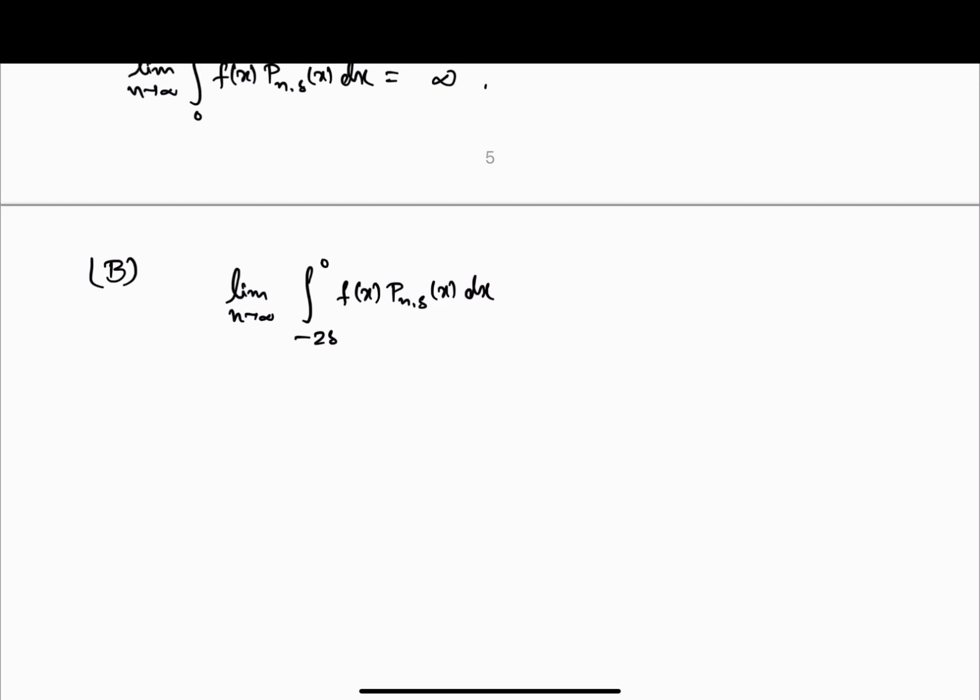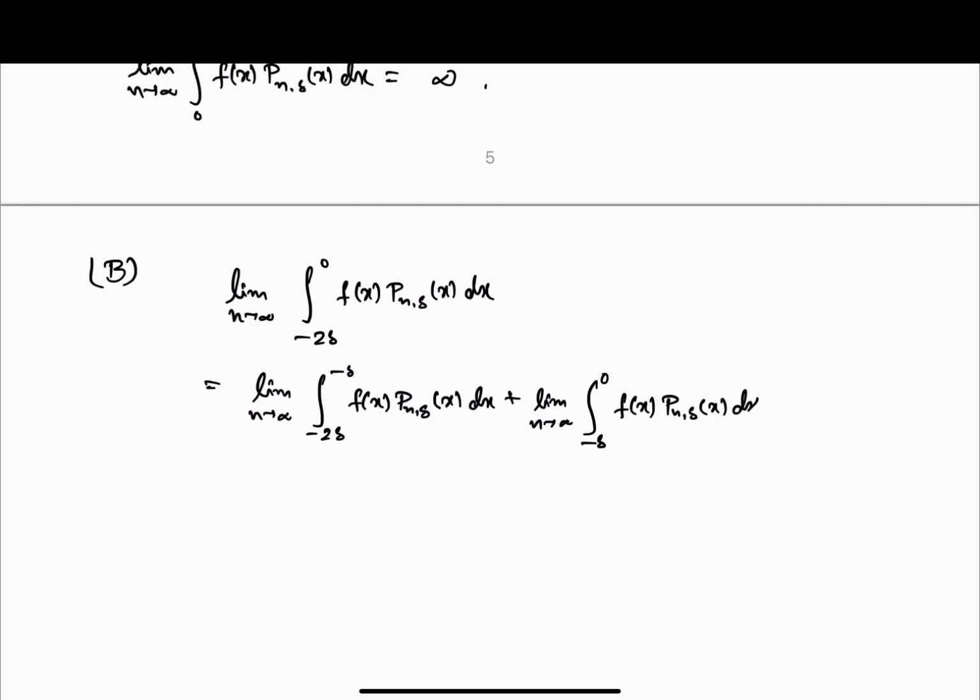Option B is saying the limit n tends to infinity of the integral from minus 2 delta to 0 of f(x) p_n,delta(x) dx. Similarly, you will again write it in two parts: the limit n tends to infinity of the integral from minus 2 delta to minus delta of f(x) p_n,delta(x) dx, plus the limit n tends to infinity of the integral from minus delta to 0 of f(x) p_n,delta(x) dx.